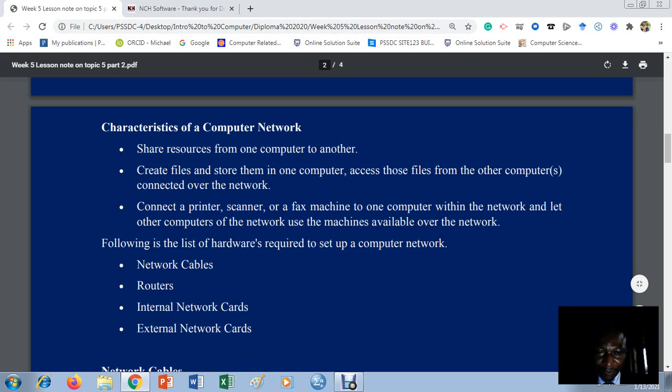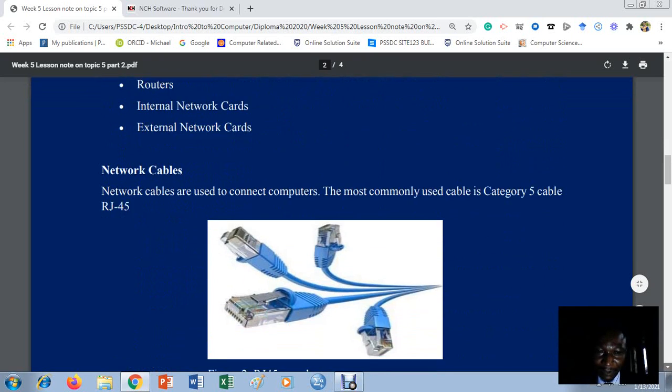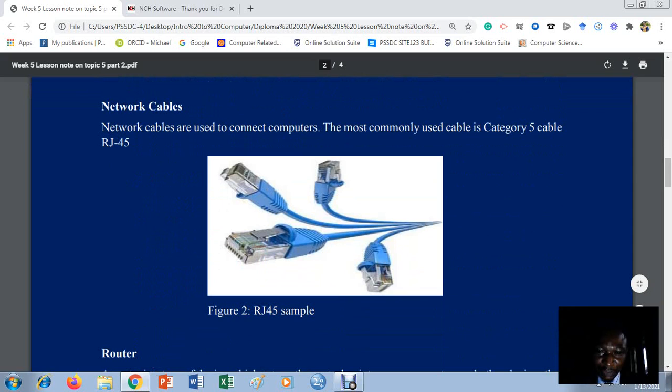Then, what are the devices or hardware required to set up a network? You have the network cable, routers, internal card, external card, and so on and so forth. But let's quickly look at them one after the other. If you look at this image I'm showing to you now, this is what we call the network cable, and the type is RJ45. This mouth is what we call the RJ45.